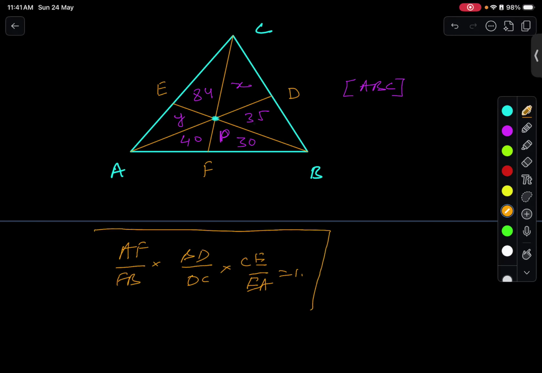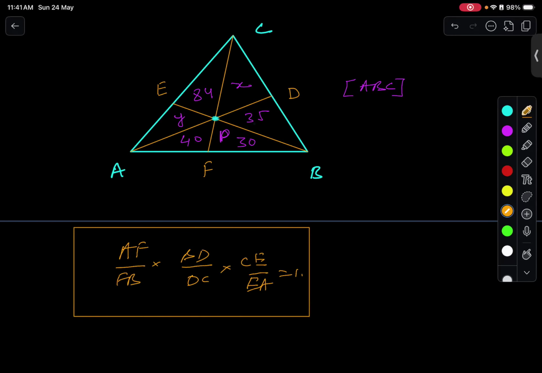This is Ceva's theorem. What we are doing is just going circular: AF by FB, then BD by DC, then CE by EA. In the cyclic order, you can start from anywhere and just complete the circle. So this is the first thing we know.